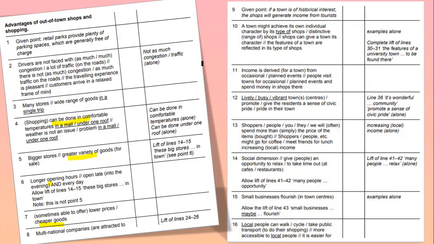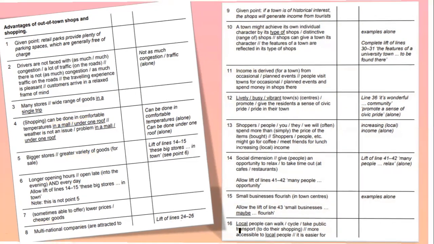On the other hand, under the heading, you can see that a town might achieve its own individual character. Variety will not be found. Income is derived from occasional planned events. So you can see that there are 16 different content points provided in the mark scheme. So there is much opportunity for you to find the content points, okay?